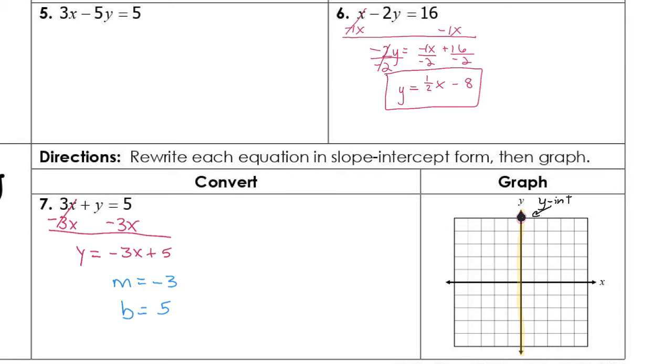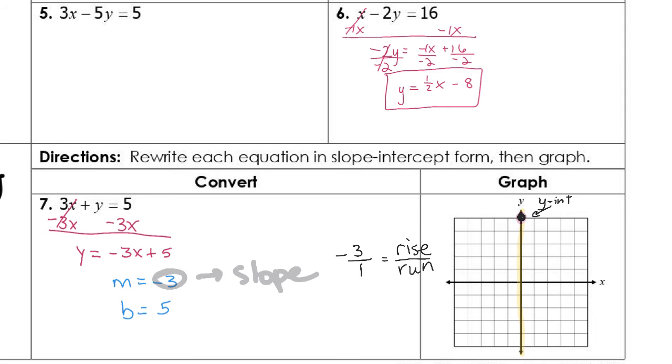And my slope is negative 3. That's my slope, and I'm going to write it as a fraction because that will help me remember when it comes time to rise or run. So negative 3 rise is going down on the y-axis.